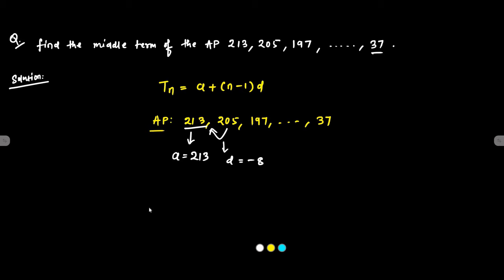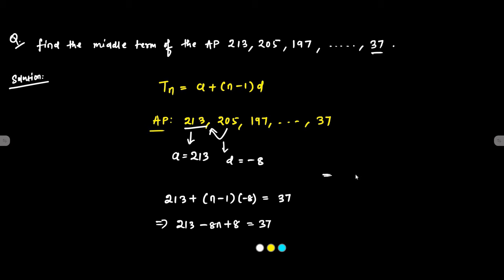So first we have to find out how many terms there are. We substitute: 213 plus n minus 1 into minus 8 is equal to 37. That implies 213 minus 8n plus 8 is equal to 37.